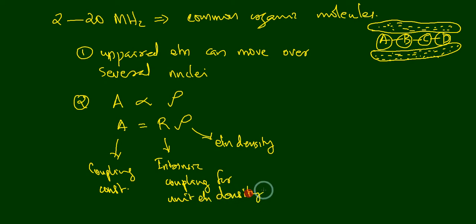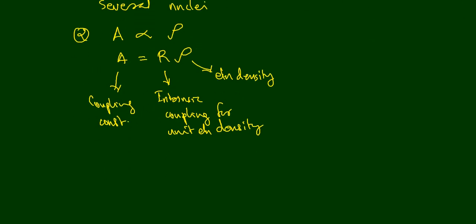Therefore, if we want to calculate R, the intrinsic coupling for unit electron density for a particular nucleus, R is equal to the observed coupling constant divided by the electron density rho. So this is the intrinsic coupling for unit electron density.